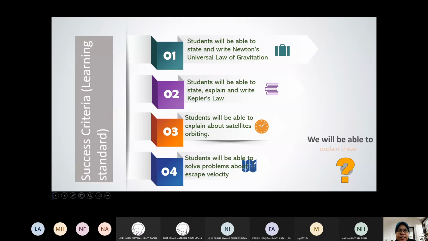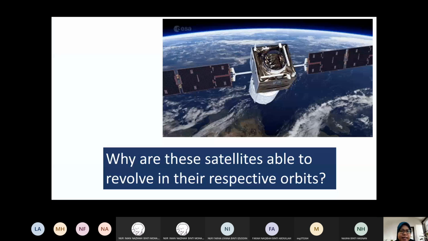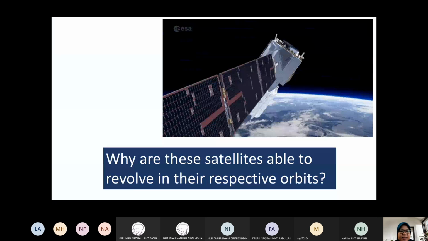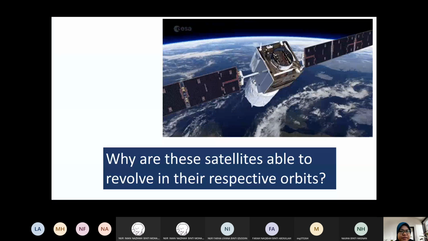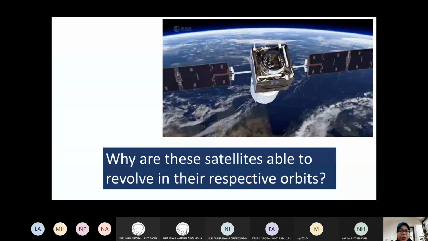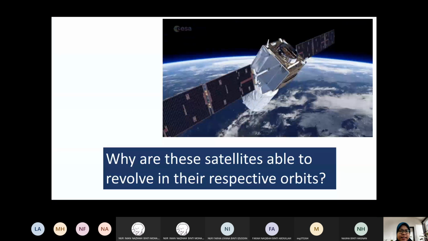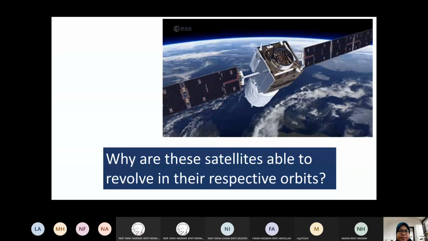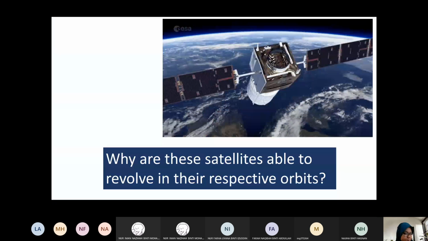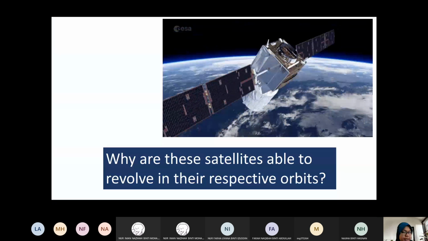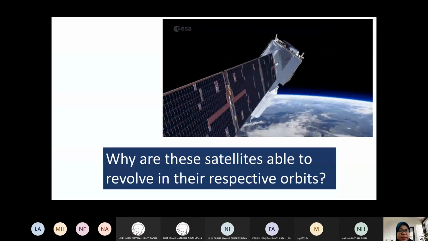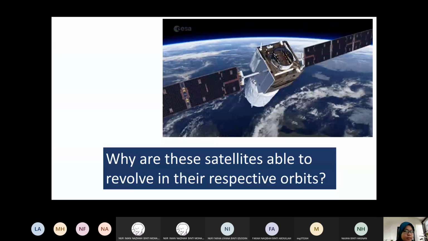Okay. So look at this. This is a satellite. Why are these satellites able to revolve in their respective orbits? I believe that you know what is a satellite, and you have seen one, maybe in the encyclopedia or documentary. What is Malaysia's satellite? Do you know the name of Malaysia's satellite?